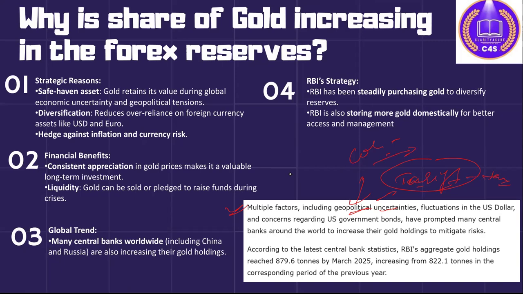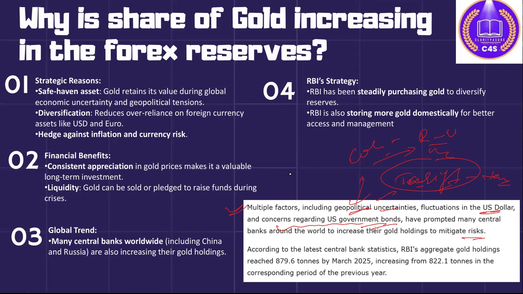And you can also see the war between Russia and Ukraine, war in Middle East countries, and fluctuation in the US dollar. These are some of the concerns. And the concerns regarding US government bonds have prompted many central banks around the world to increase their gold holdings to mitigate the risk.